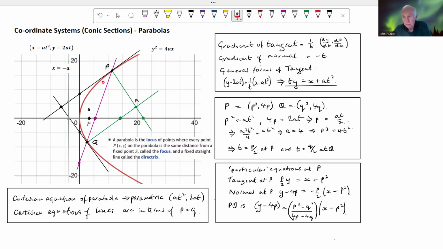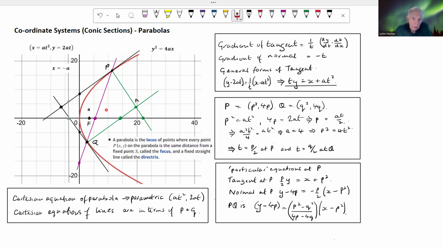And going along with those lines, we've got any number of intersections going on. Here the two normals intersect. The normals intersect the axis, the x-axis in that case. They'll be intersecting the y-axis down there as well. And the tangent there intersects the y-axis, and here it intersects the directrix.